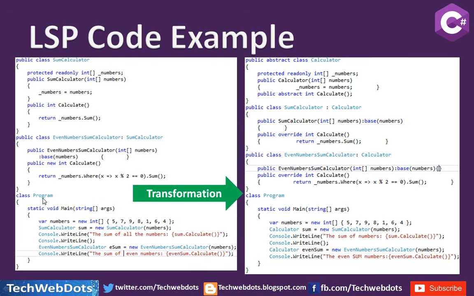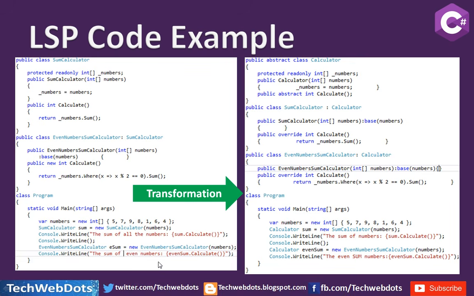At the time of calling, we create an instance of the sum calculator class and call sum calculate. Then we create an even number class which also inherits the sum calculator class, passing the numbers object from there, and then we get the result.